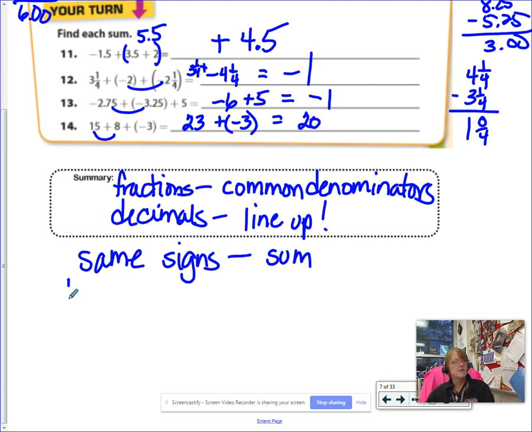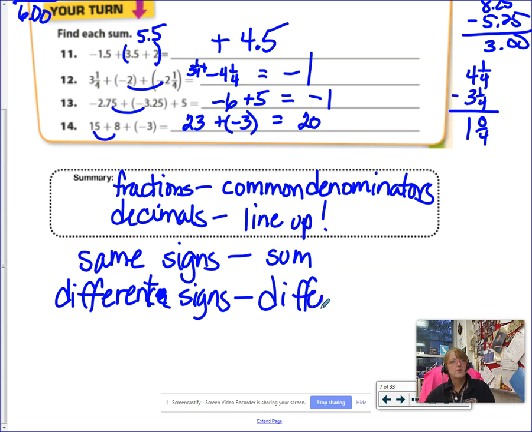If you have different signs, then you need to find the difference, which means subtract. Different signs, find the difference. All right, look to Schoology for your assignment, and as always, may the force be with you.